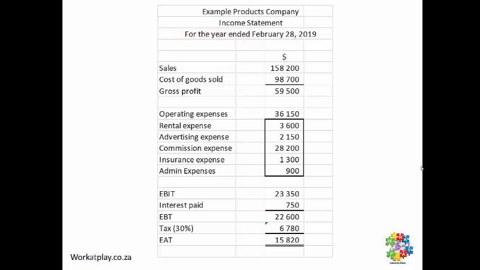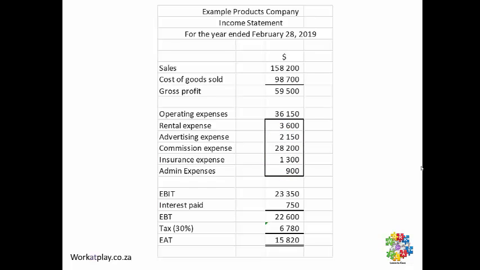You've got your sales, less your cost of sales gives you your gross profit, less all your expenses. Your operating expenses are rental, advertising, commission, etc. What I'd like you to see is that it's in a block. On top of the block, your operating expenses total 36,150. That's made up of all the numbers underneath it.